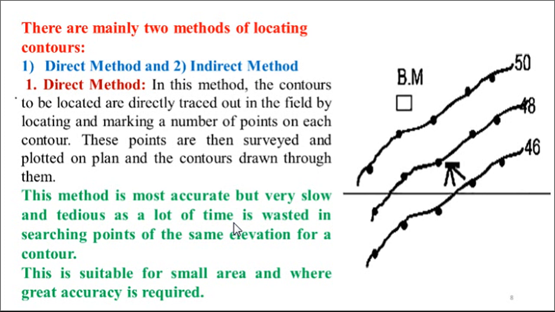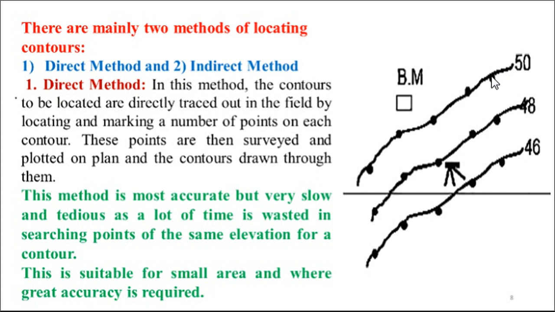In the direct contouring method, the contours are located directly and traced out in the field by locating and marking a number of points on each contour. For example, we want to locate this particular contour. For that purpose, we have to set the dumpy level at a particular point, and first take the reading on the benchmark, and then search for points whose reduced level is, say, 50.